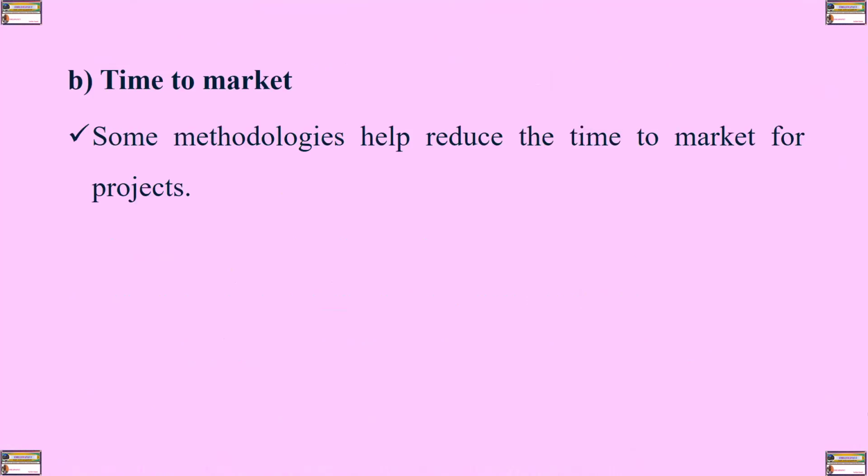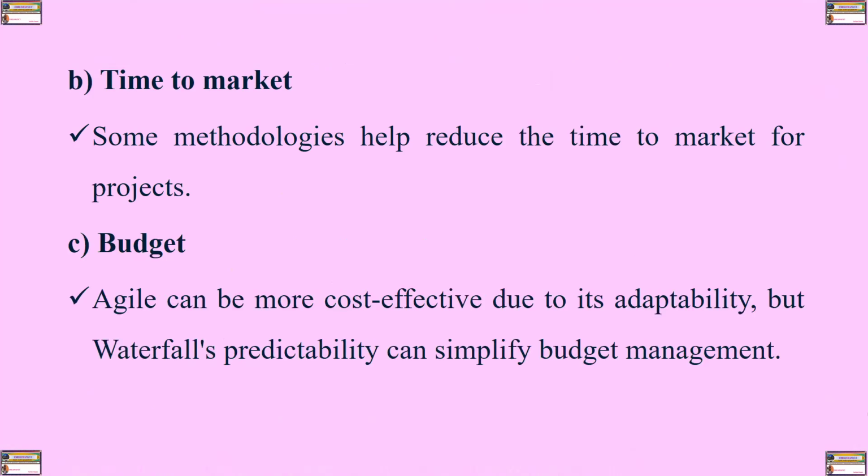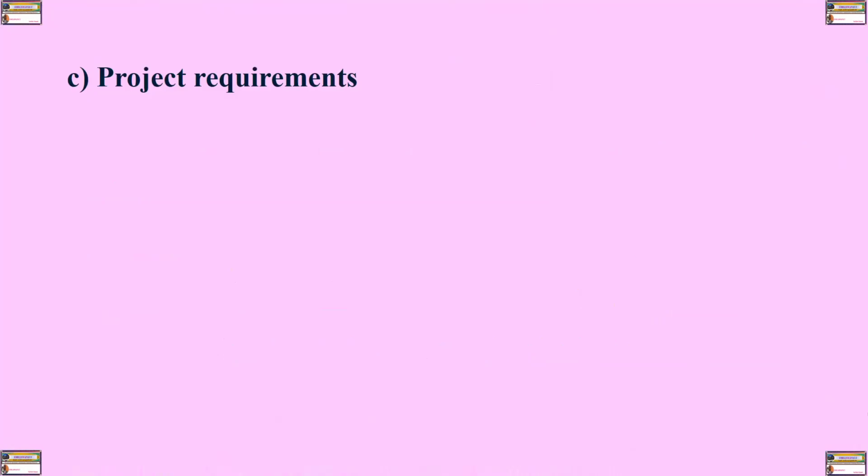Number two is time to market. Some methodologies help reduce the time to market for projects. Number three is budget. Agile can be more cost-effective due to its adaptability, but waterfall predictability can simplify budget management.